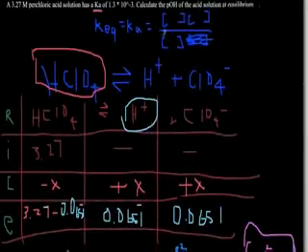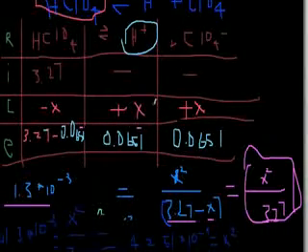Now before we move on to find the pOH, I want to talk about the 5% rule. In this step, we got rid of this small x here and just made it like this, because the x was too minimal. In most of the scenarios you will encounter, the x will be so minimal that this will be true, but sometimes it won't be. To find out whether our assumption was correct, you have to use the 5% rule.